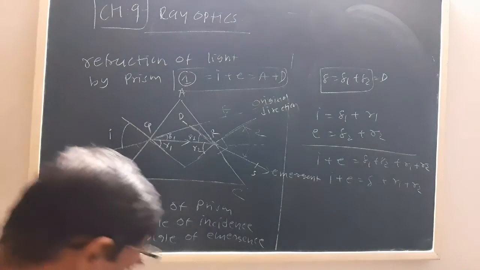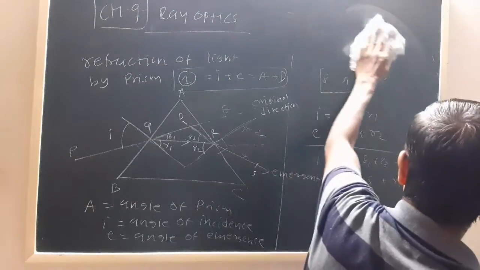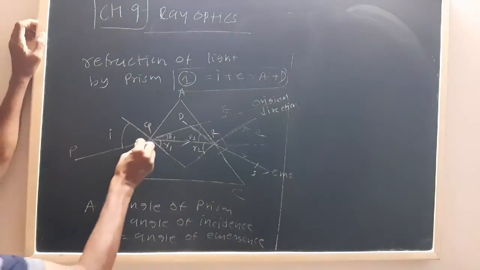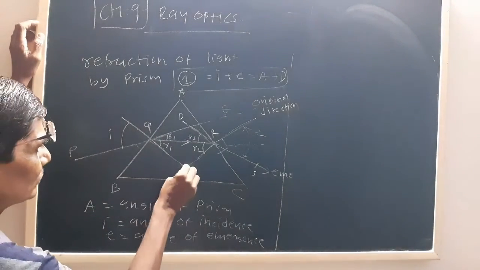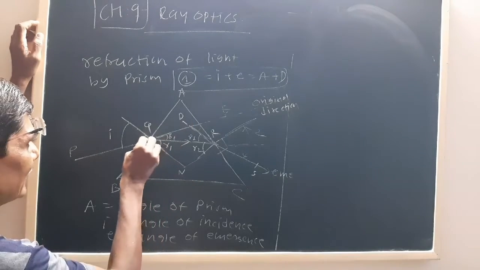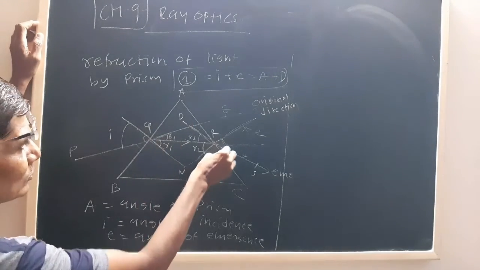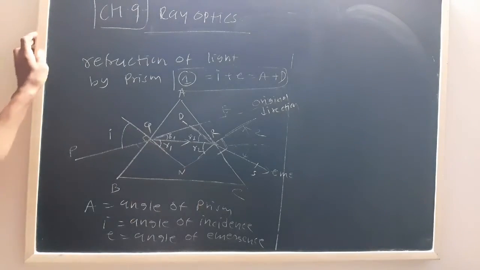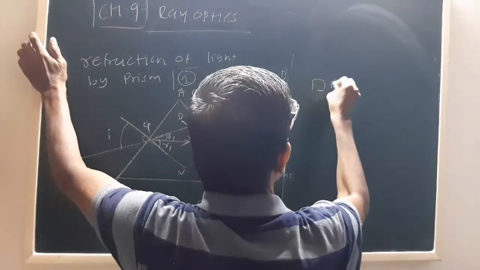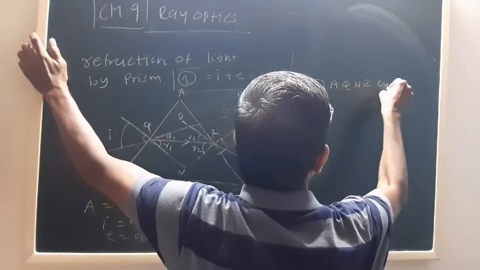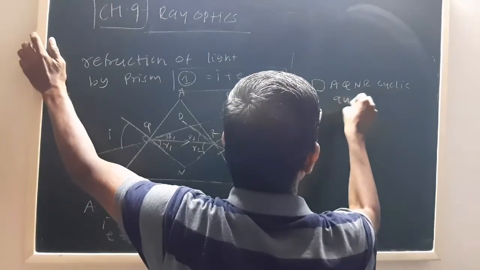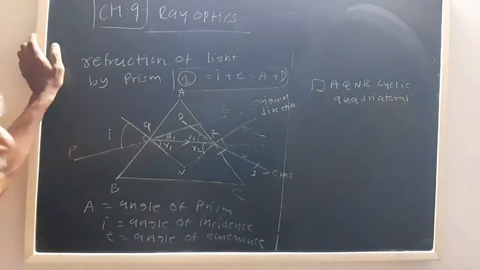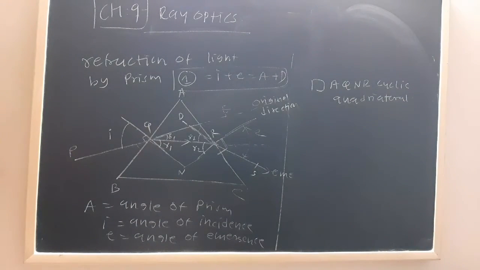Now use the geometry of the figure. This is 90 degrees, so at Q and R, this is 90 degrees. That is known to us. This is also 90. See, quadrilateral AQNR is a cyclic quadrilateral. Now what is the property of a cyclic quadrilateral?